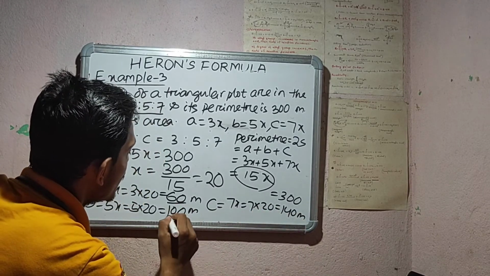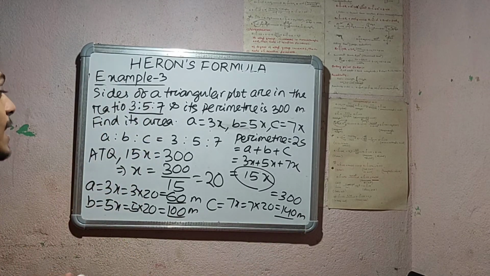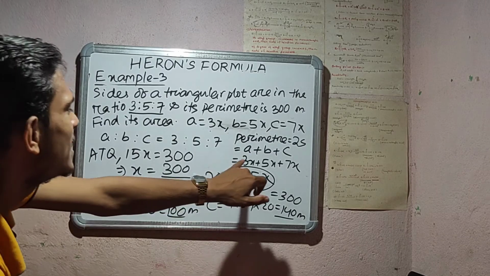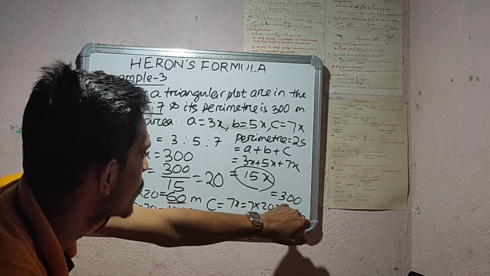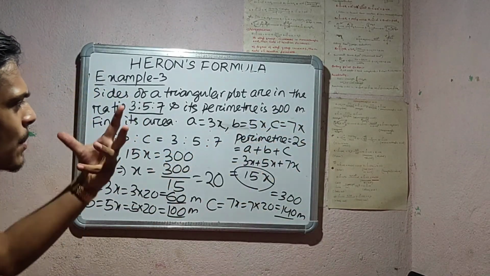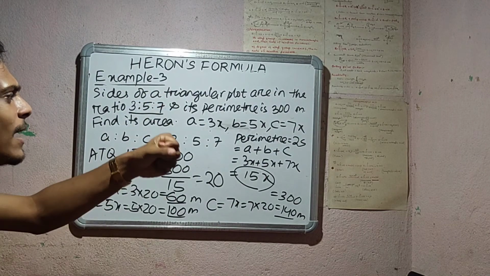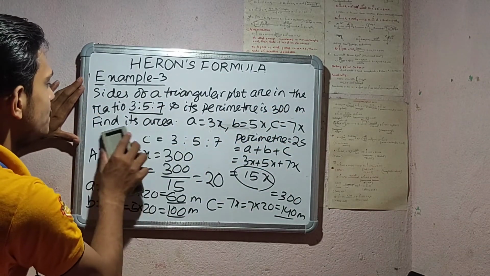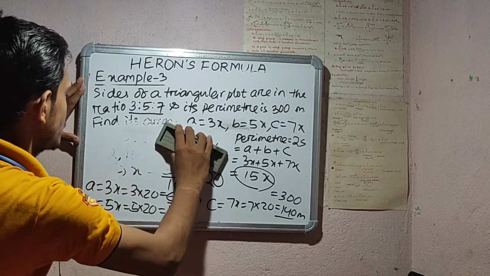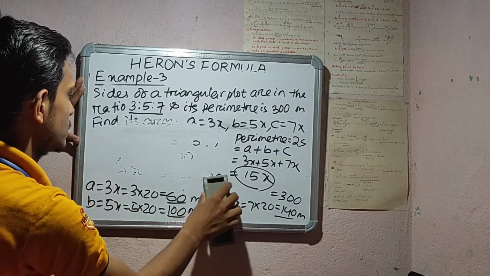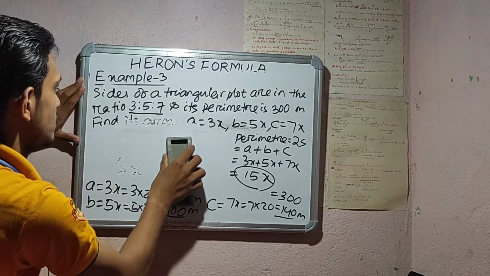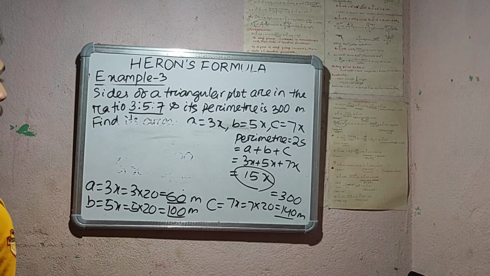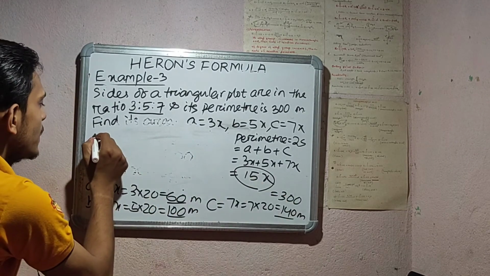So this is a, b and c. Then we can easily find the semi-perimeter. Perimeter is 300, so the semi-perimeter is how much? Just divide the perimeter by 2.